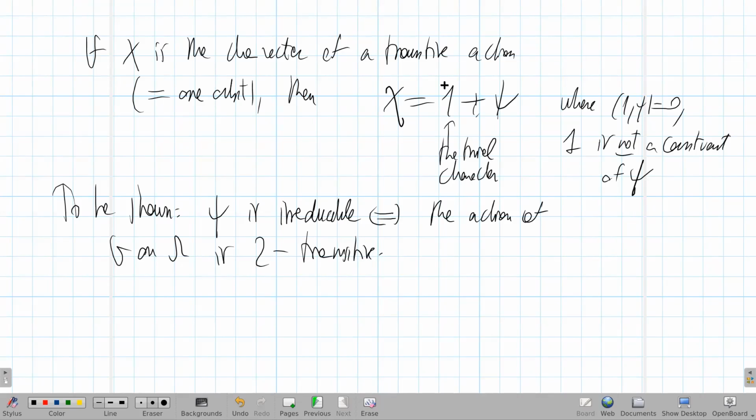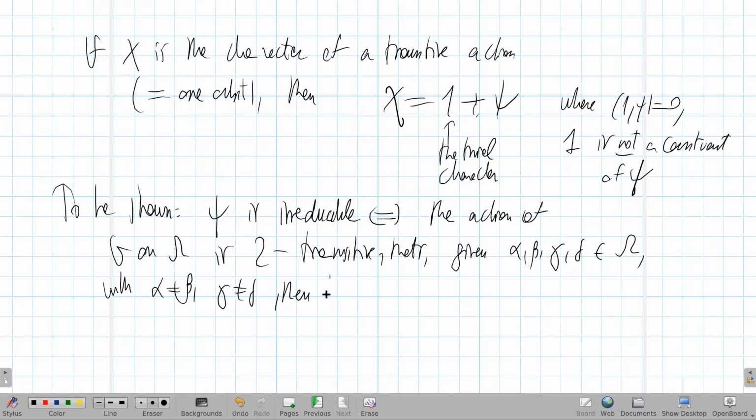So transitive means one orbit. 2-transitive means, let me recall, that given alpha, beta, gamma, delta in omega, with alpha distinct from beta and gamma distinct from delta, then there is g in G such that alpha to the g equals gamma and beta to the g equals delta.